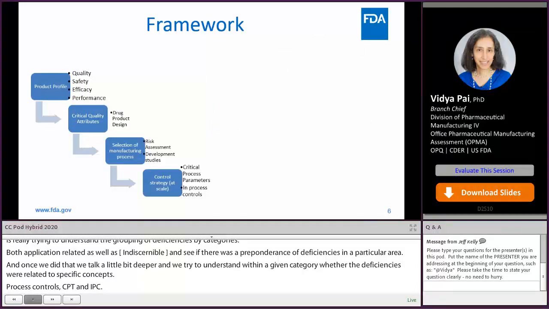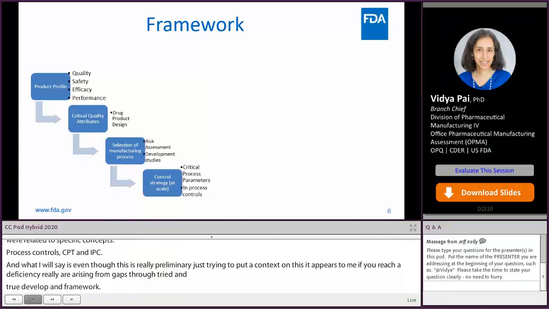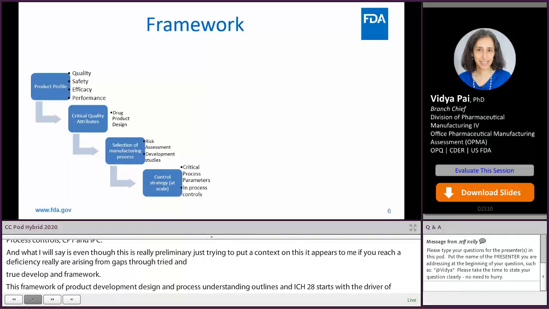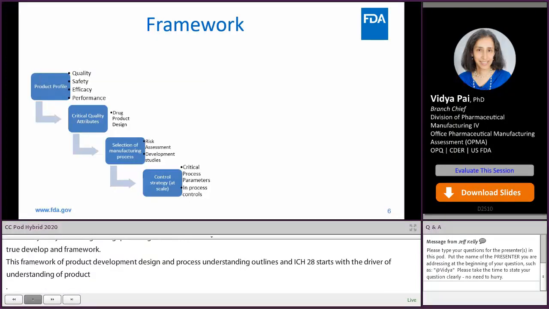This framework for product development, design, and process understanding outlined within ICH Q8 really starts with the driver of understanding the product with regards to its quality, safety, efficacy, performance. And from there, drawing on critical quality attributes that product design, formulation, and the process has to deliver.